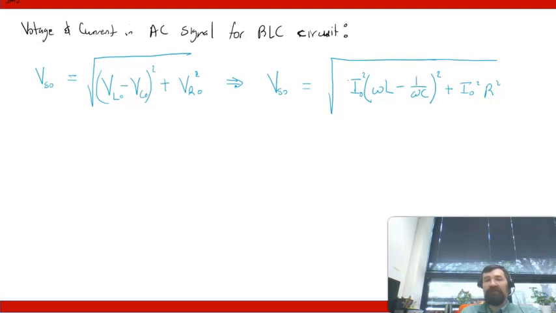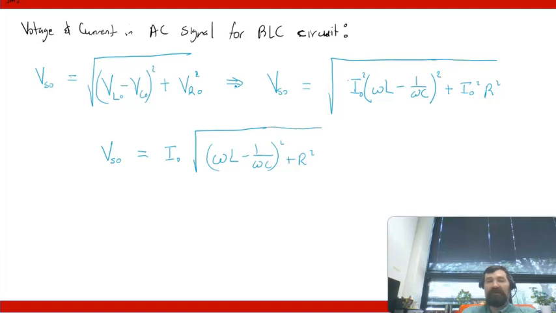And so I can easily pull the peak current out. My source voltage is now equal to I naught times the square root of omega L minus 1 over omega C quantity squared plus R squared.